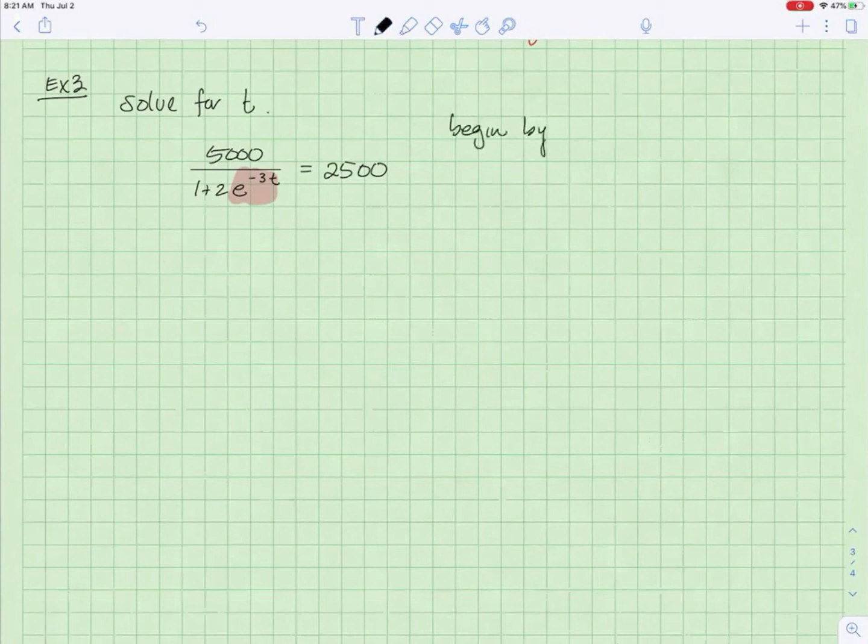Begin by isolating the exponential, in this case, e to the negative 3t.